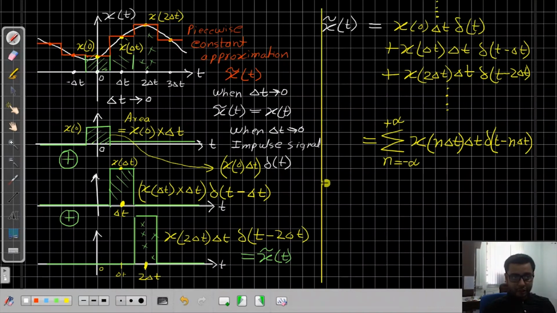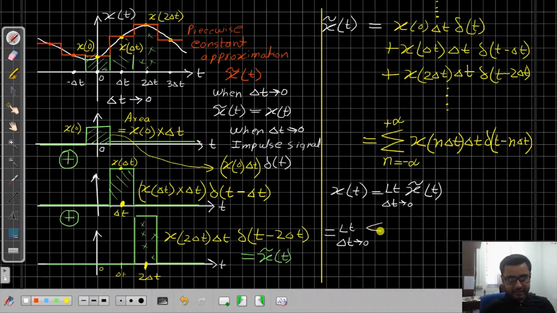Now, you know that the original signal x of t is same as the approximated signal when the limit delta t tends to 0. So we can write this original signal as the limit of delta t tending to 0, x tilde t, which is this sum.